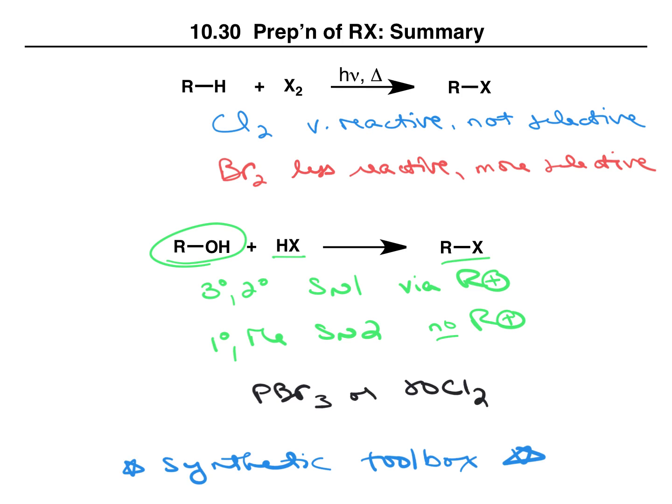So this is where you need to be patient and recognize that throughout the year, you're going to be adding more and more tools to your synthetic toolbox. So eventually you're going to know, here's a way to make an alcohol, and then from an alcohol, I can make an alkyl halide. And then from an alkyl halide, here's how I can make something else, and something else, and something else.